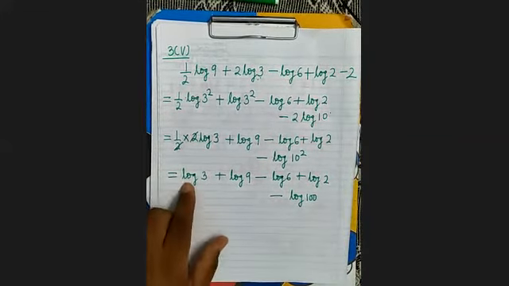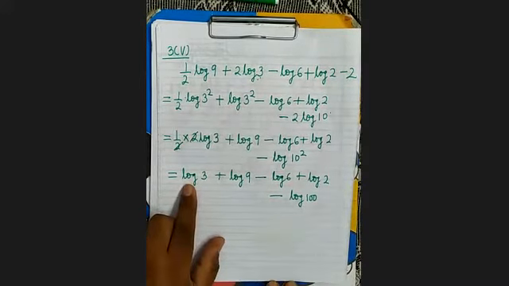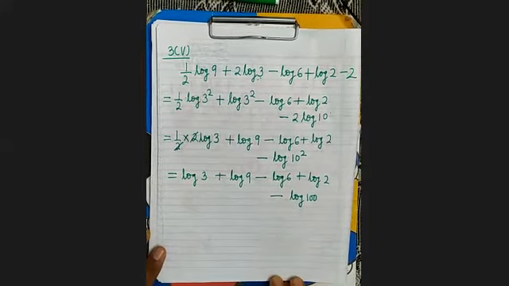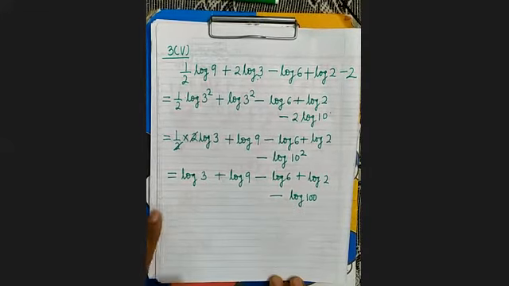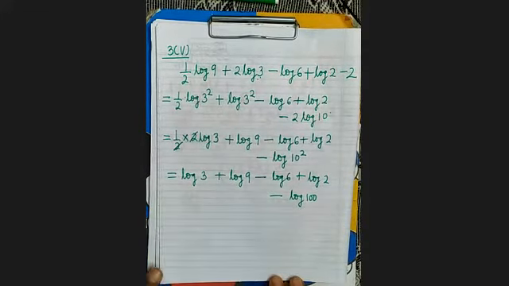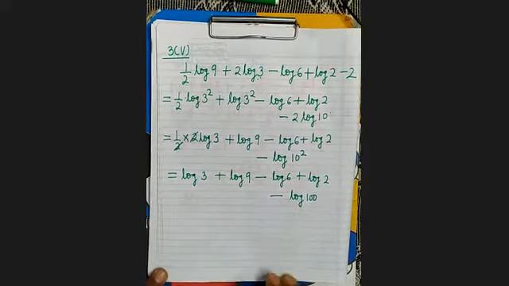If there is any expression which is the sum of the logarithms, then what will happen? Those which are with the plus sign, their bases will multiply. And those which are with minus sign, from their bases, it will be divided.